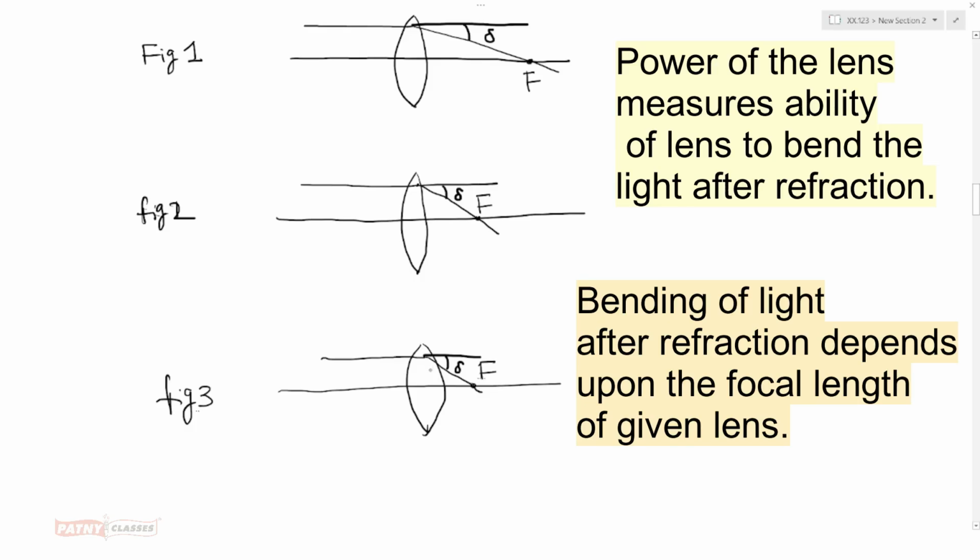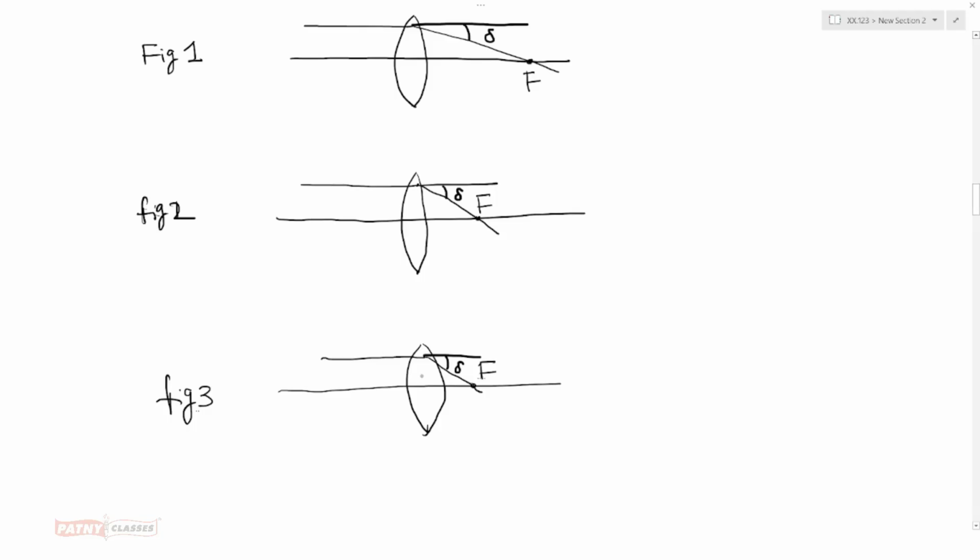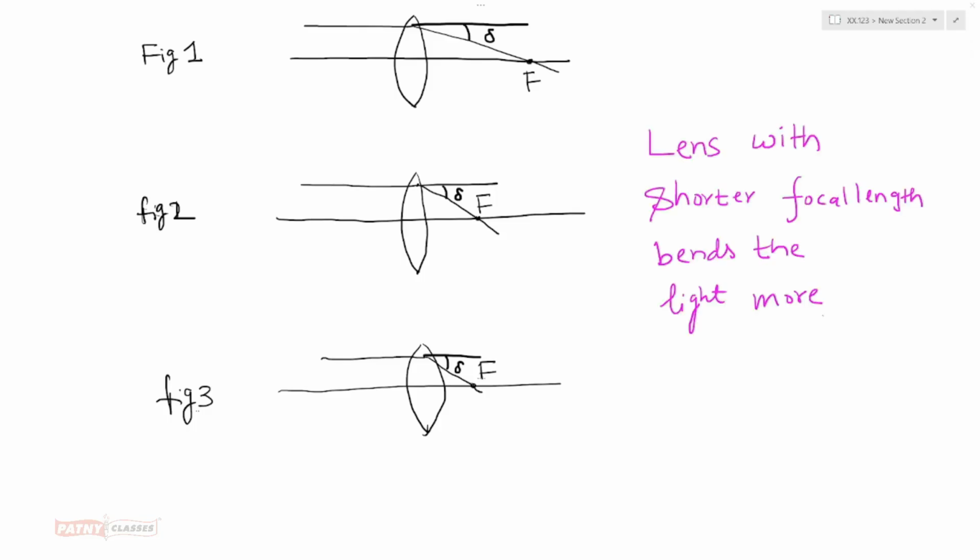More the bending, less the focal length, and less the bending, more the focal length. So focal length and bending of light are inversely proportional to each other. The ability of a given lens to bend light is called the power of the lens. From the above discussion, it is clear that a lens with shorter focal length bends the light more.